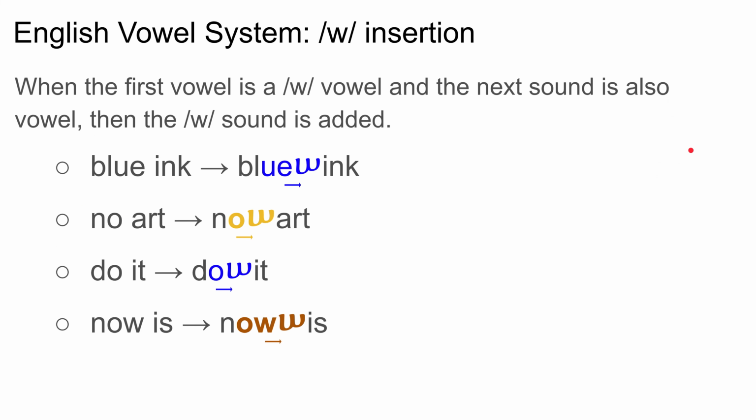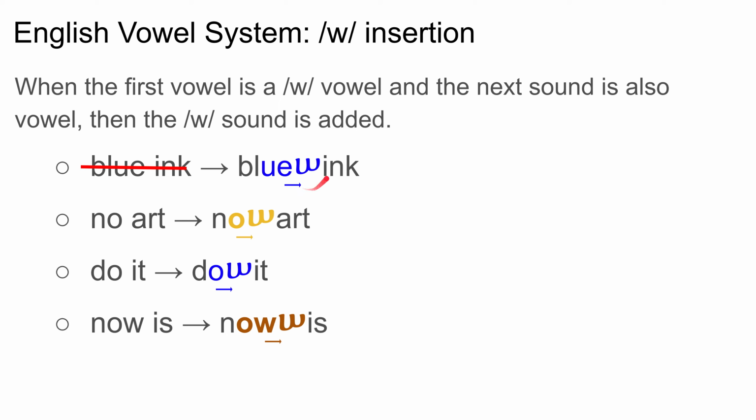Okay, and the same thing as the Y sounds, when the last letter of the first word ends with a W vowel, and the first letter of the second word starts with a vowel, then a W sound is added. So for example, we don't say blue ink, we say blue wink.